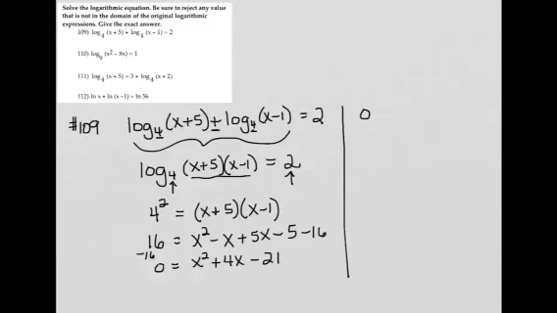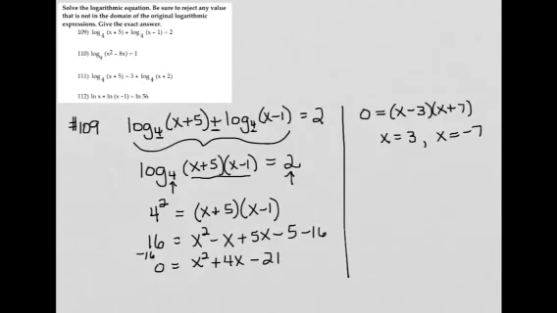So I can factor this as, let's see, 21, that's going to be 3 and 7. We want the 4 to be positive, so it's a plus 7 and a minus 3. So I get x equals 3 and x equals negative 7.